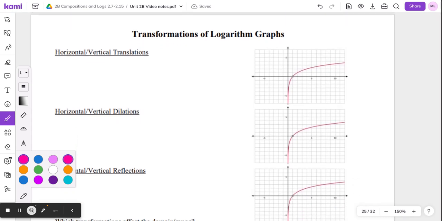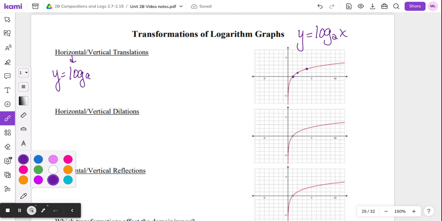All right, so let's see how transformations impact our log functions. So you'll notice in all of these, we are graphing, because we got the 0.01 and then the 0.21, then it looks like 4.2, so it looks like log base 2 of x. So let's talk horizontal translations.